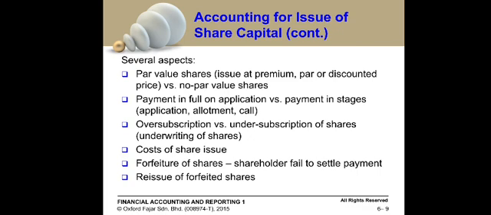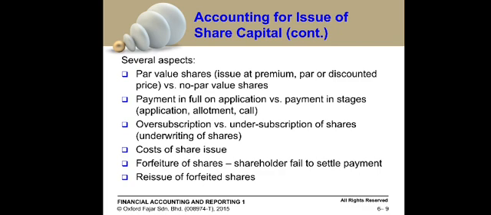Forfeiture of shares is related to a shareholder failing to settle payment. Forfeiture of shares is something like this. Some people apply to purchase shares. When the application is approved, they cannot make the payment.